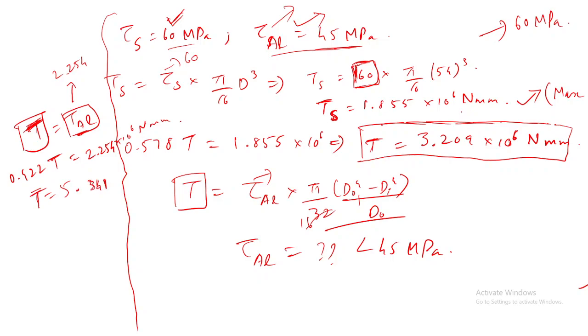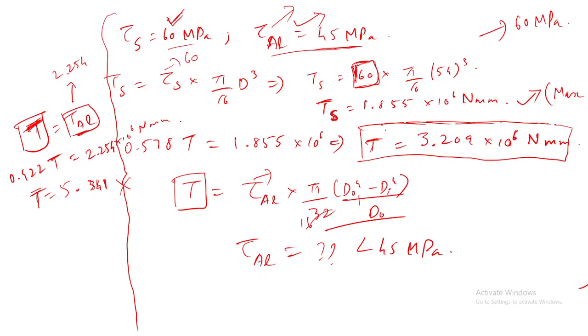But the maximum torque which can be sustained by the steel section is 3.209 into 10 to the power of 6 Newton meter. So this actually violates, which means the steel section will fail. Understanding, right? Okay.